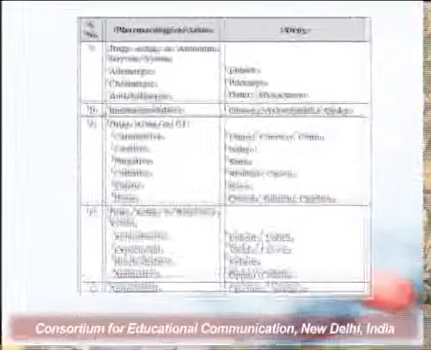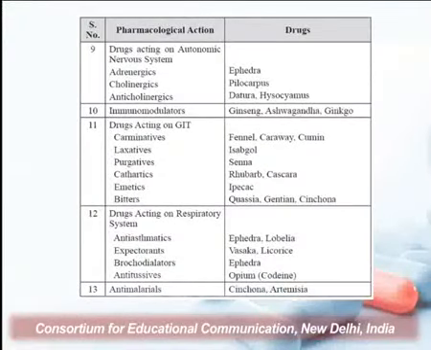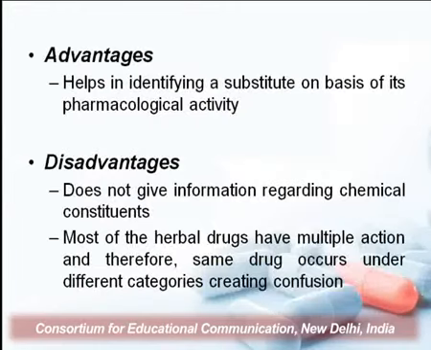Similarly, drugs acting on other parts of the body, that is the gastrointestinal tract or respiratory system, or those having certain effects on the immune system, can be categorized as per their pharmacological effect or the therapeutic activity for which they are largely used.